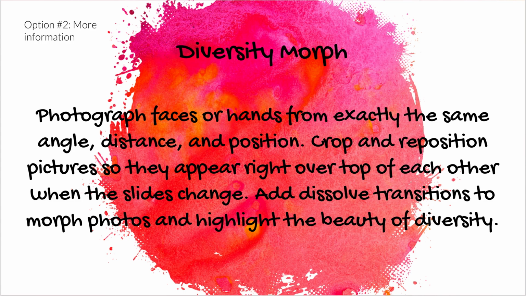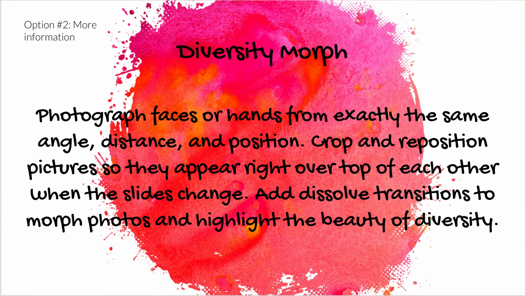For the diversity morph, which is on the next slide, slide 4, you are going to photograph faces or hands. You want them to be at the same angle, like we did with the morph a photo, where it was the exact same picture duplicated. Well, for this one, you can't do the exact same picture duplicated.